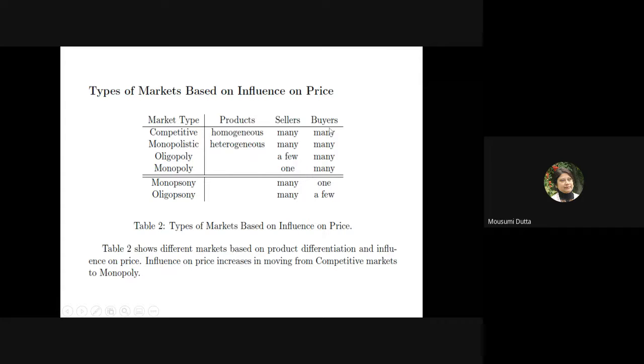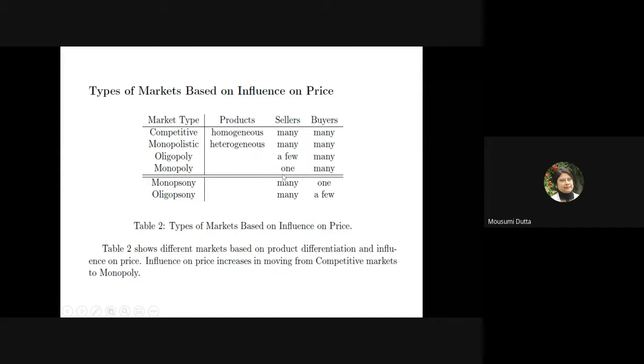Buyers in every case are many. However, the number of sellers is changing. In the first two cases, there are many sellers. However, starting from oligopoly, the number of sellers will be few. In case of monopoly, the number of sellers is one. Naturally, you understand that they will be able to influence the price if they want.